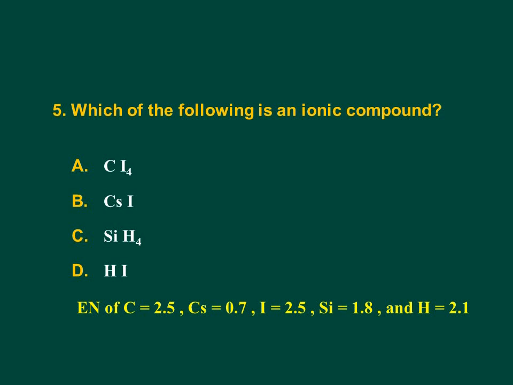The difference between hydrogen and iodine, hydrogen 2.1 and iodine 2.5, so the difference equals 0.4. So which one is an ionic compound? For ionic compounds, the difference in electronegativity is larger than 1.7. So the choice will be CsI, cesium iodide.